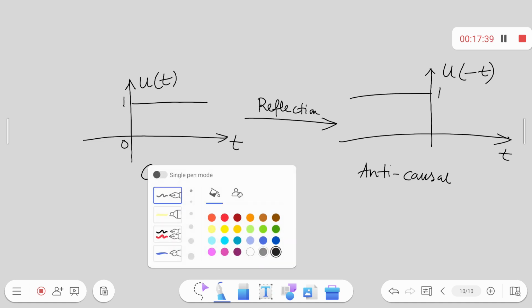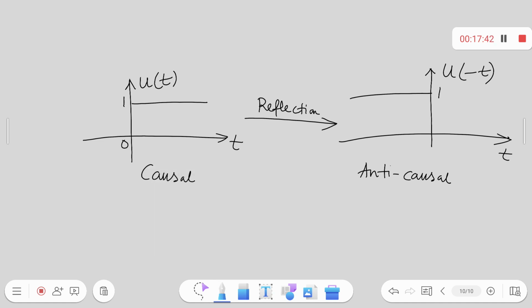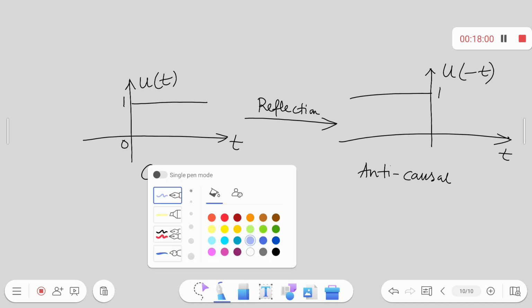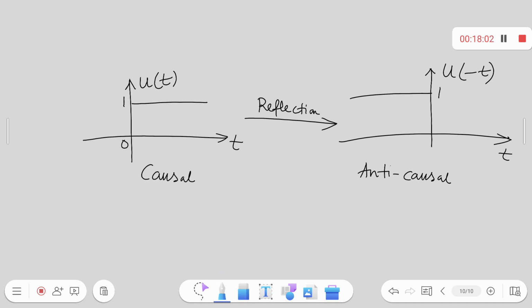So can you tell me how I can make it non-causal? You have this particular anti-causal signal.